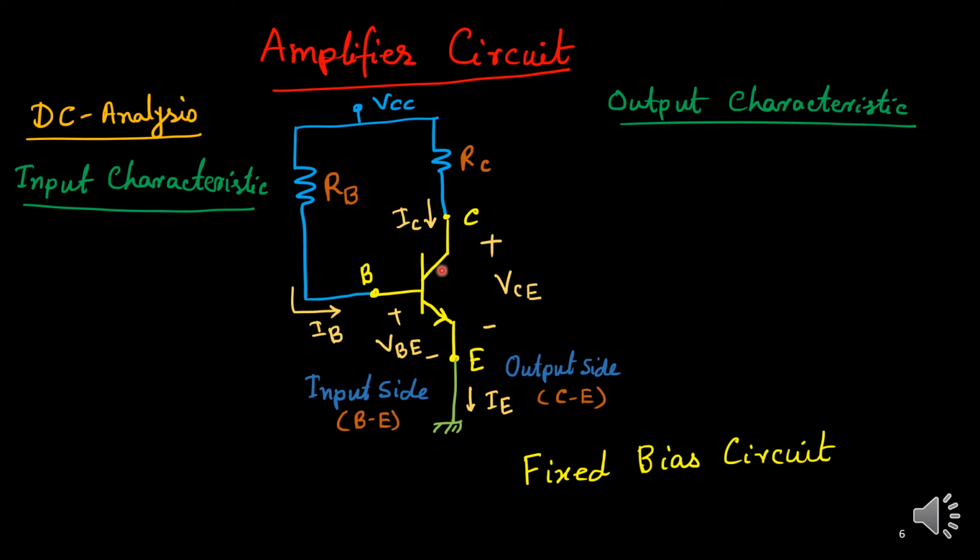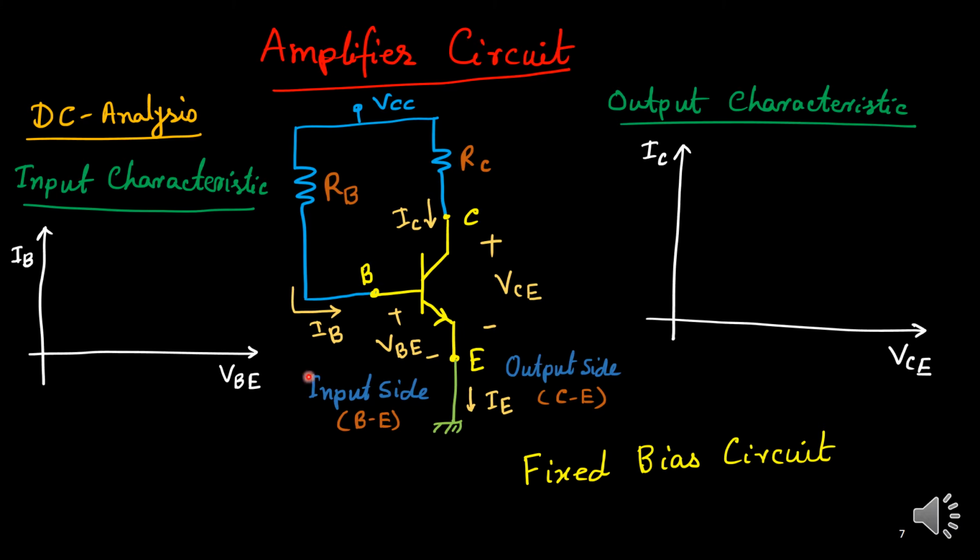For the time being, we want to understand DC analysis. Here we have considered input characteristics and output characteristics. These two are obtained with respect to VBE and IB for the input side. Similarly, VCE and IC for the output side.